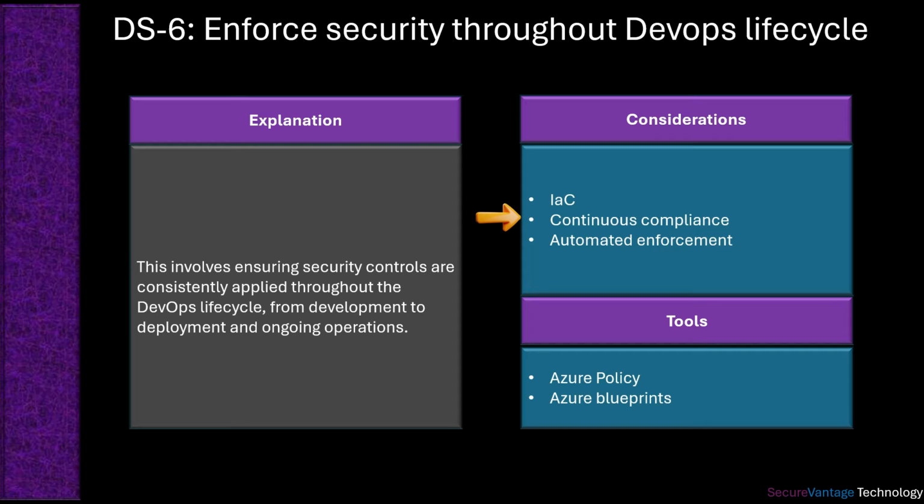You monitor and enforce compliance with security policies throughout the lifecycle. You implement automated security checks and remediations. For tools, you make use of Azure Policy, which enforces security policies across all your Azure resources. You also make use of Azure Blueprints, which allows you to define and deploy a repeatable set of Azure resources that adhere to your organization's security requirements.